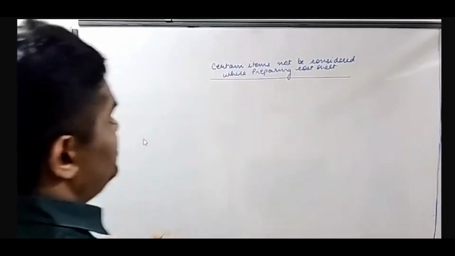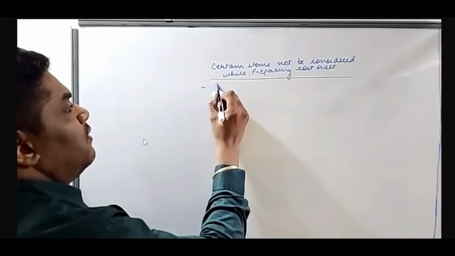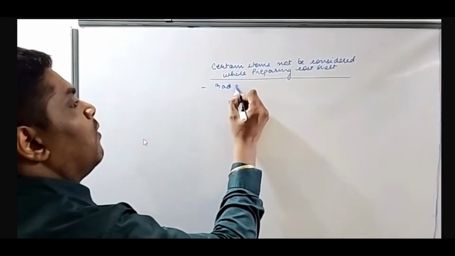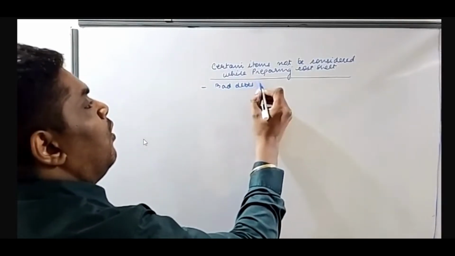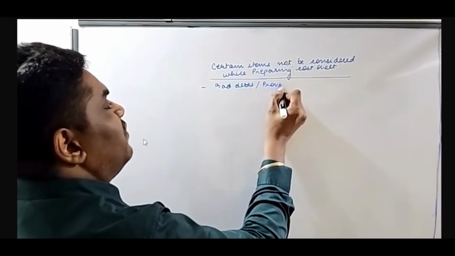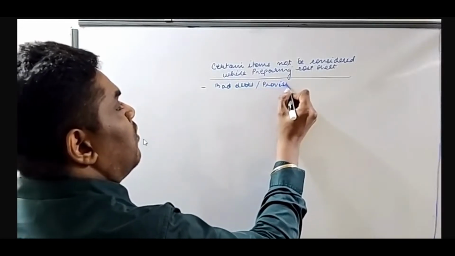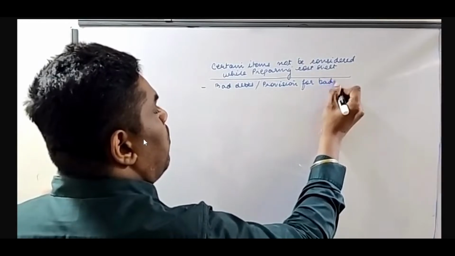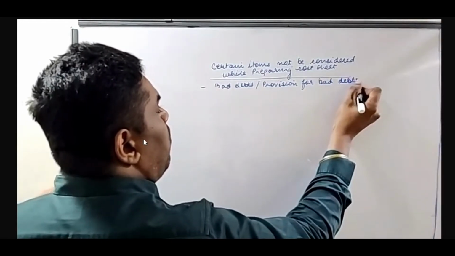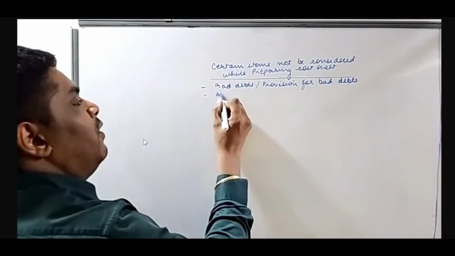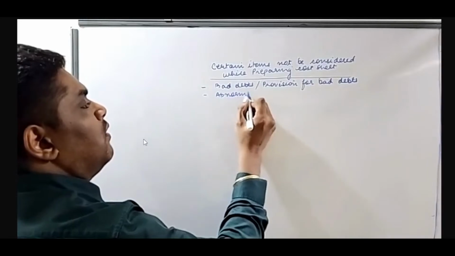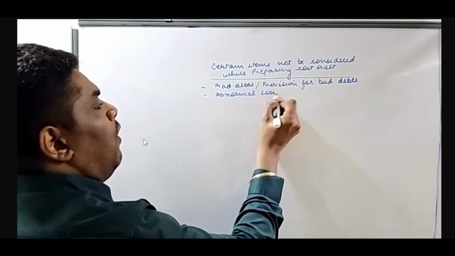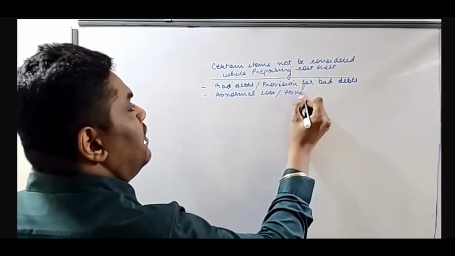So see, as mentioned by few students, bad debts, or we can say provision for bad debts. Any abnormal loss or abnormal gain.